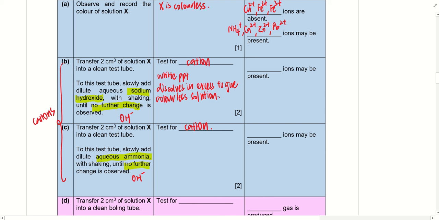The same thing you notice for aqueous ammonia: it gives a white precipitate, and it dissolves in excess to give a colorless solution.